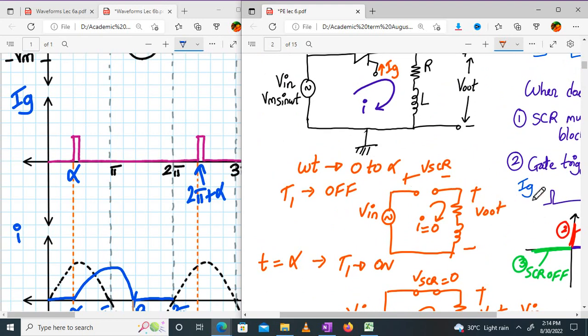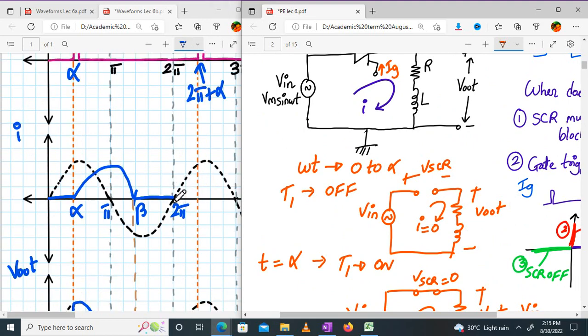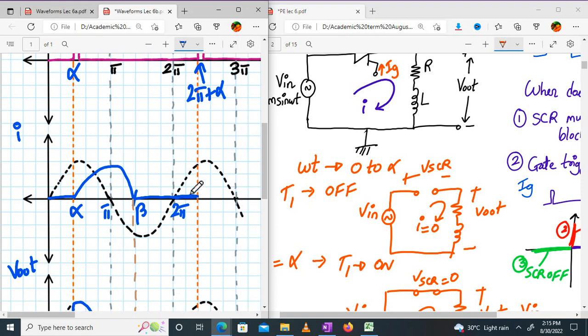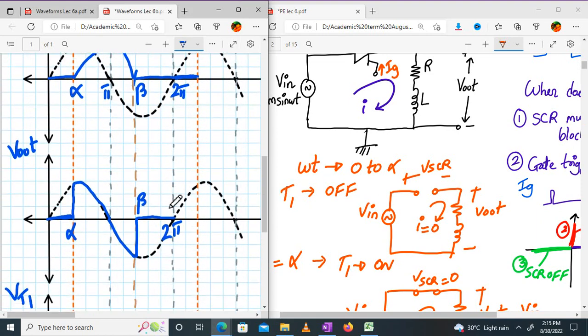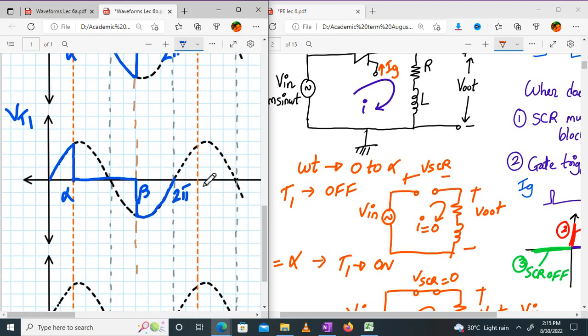My voltage across the output will be 0. Voltage across the SCR will be equal to V in. What about the current? 0. The SCR has not turned on. So the same wave shape will continue over here, right? So this current will continue to be 0. What will be the voltage across the output? 0. What will be the voltage across the thyristor, the SCR?